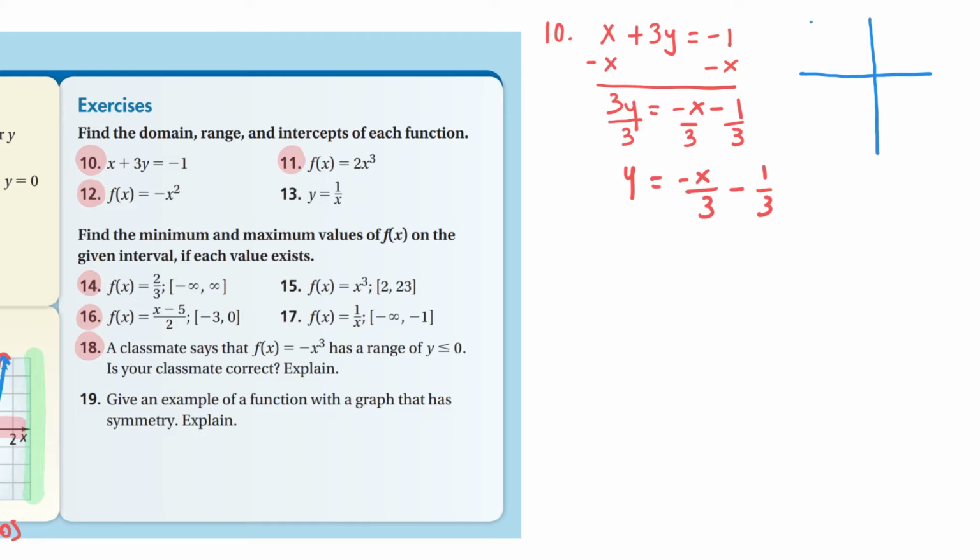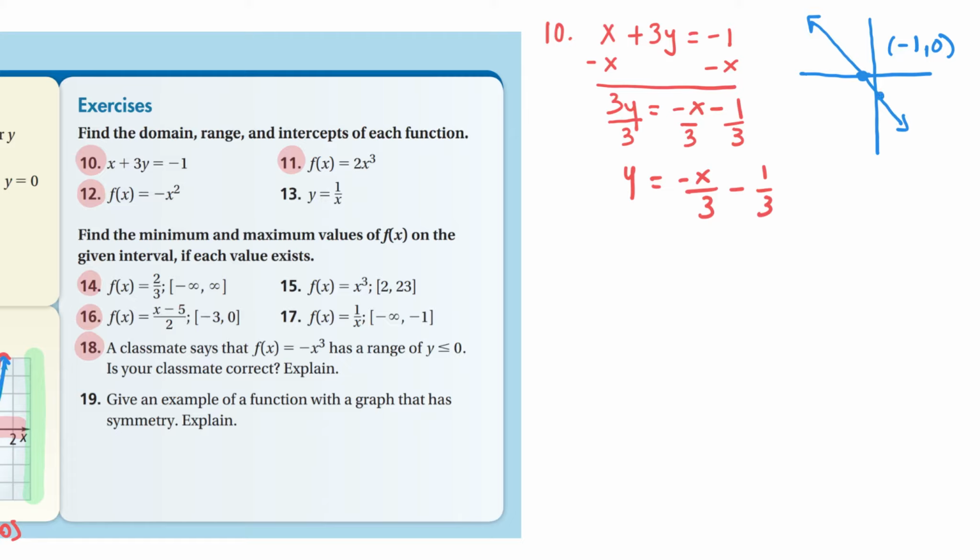and you're probably going to wonder, okay, how did he do this? I used Desmos. You could have used the Inspire. This is your x-intercept, which is going to be -1, 0. I'm sorry, that is your x-intercept.